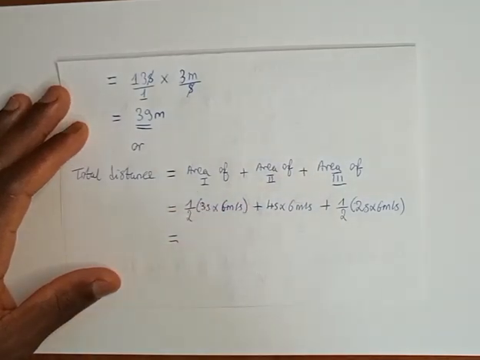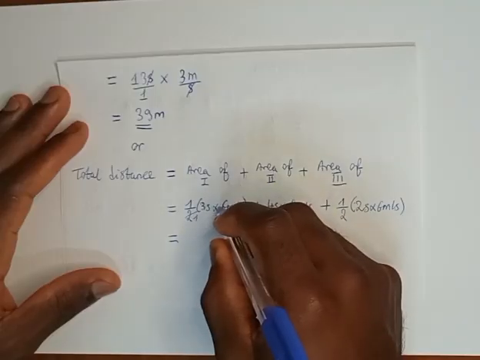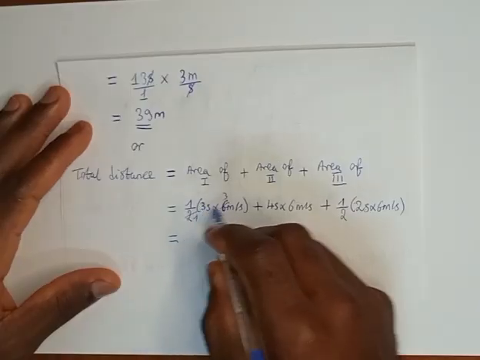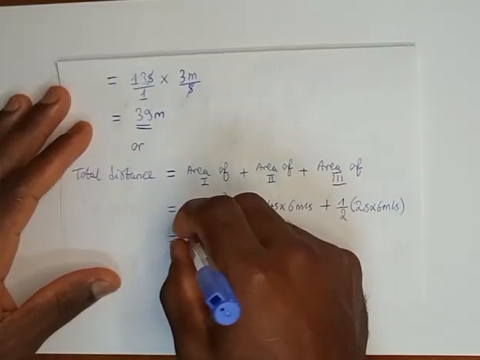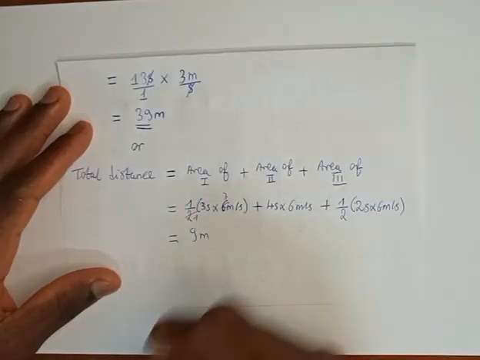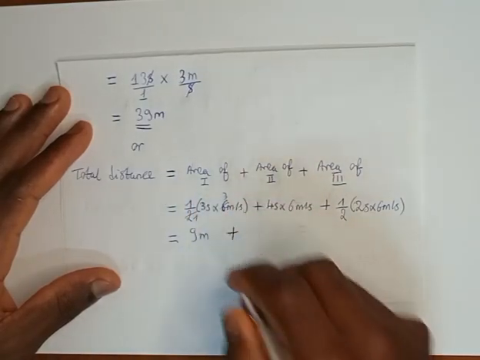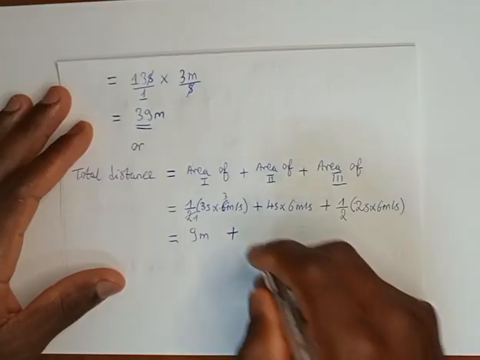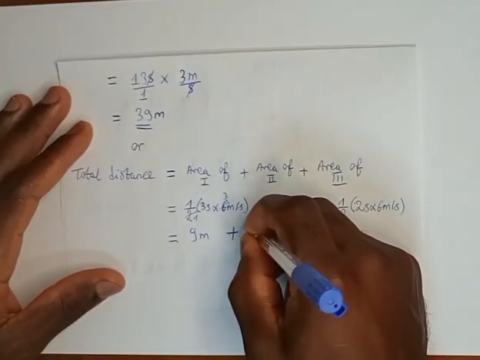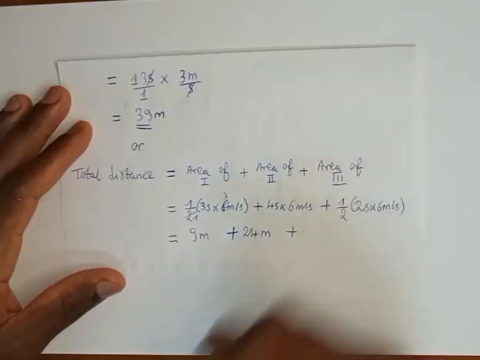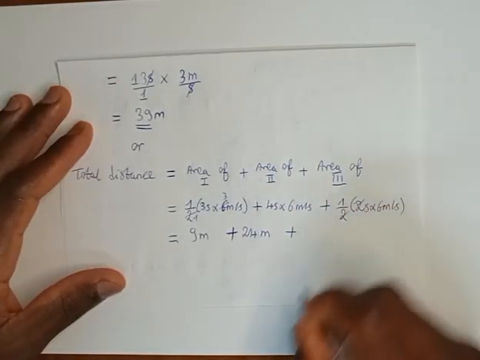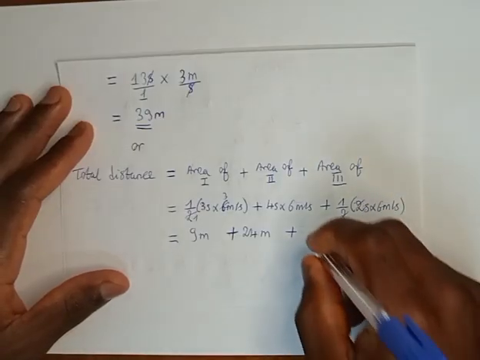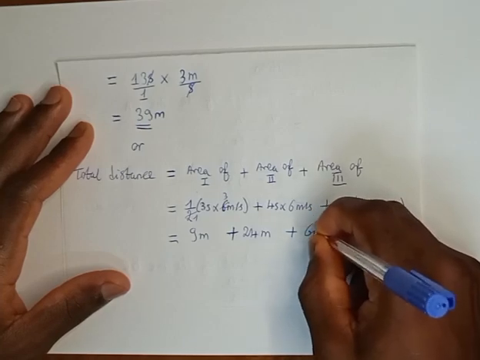This will equal to, 2 goes 1 time, 2 going into 6 3 times. We take 3 seconds times 3 meters per second, it gives us 9 meters plus 4 seconds times 6 meters per second, it gives us 24 meters plus, here 2 will strike off 2, we will be left with 1 second times 6 meters per second, which gives us 6 meters.